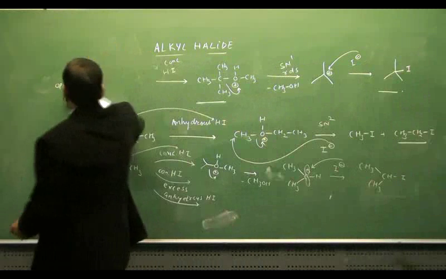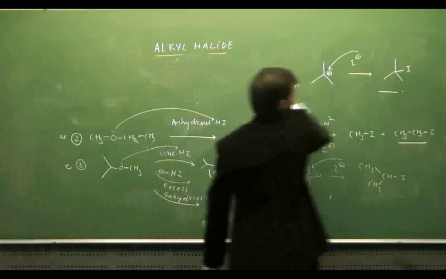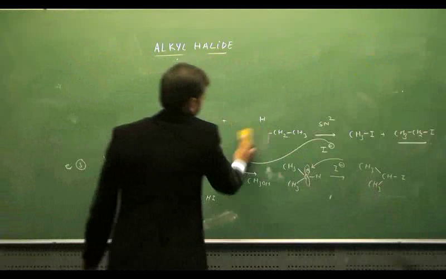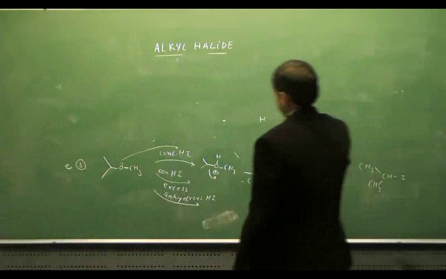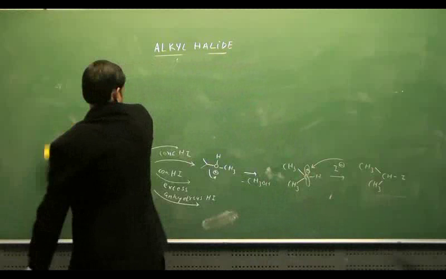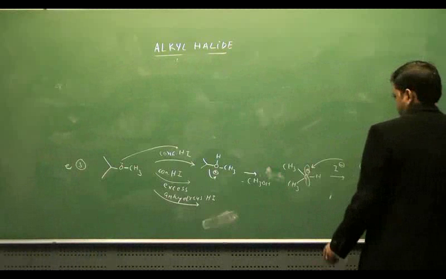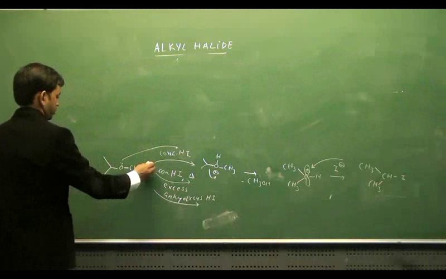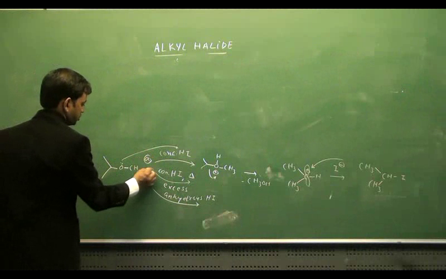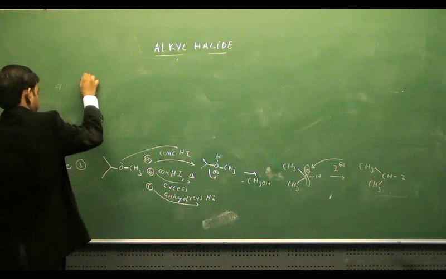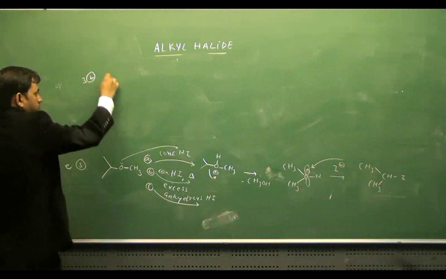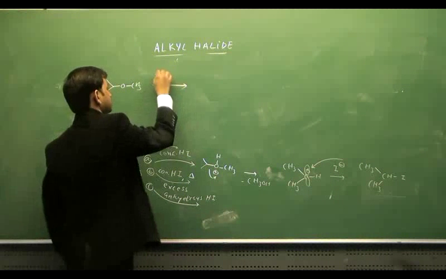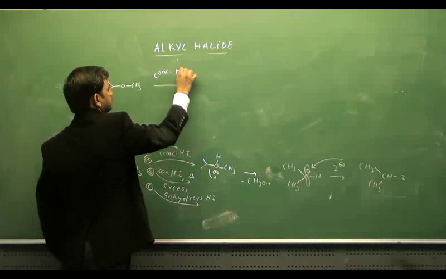If HI is in excess, or heat, either it is given or not given, in that case also, that is A, B, C. There are 3 reactions. Now we are discussing 3B, that is concentrated HI.